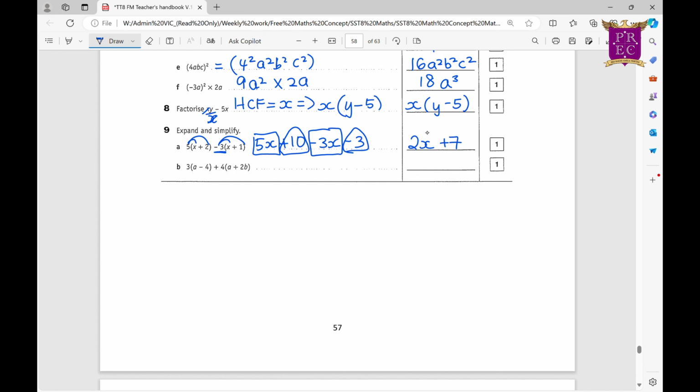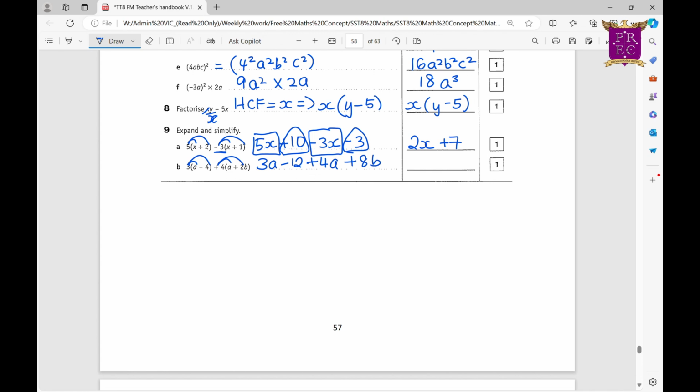Alright, and now we have b. So once again, you need to expand first and then group the like terms together. So 3 times a is 3a, 3 times -4 is -12, positive 4 times a is plus 4a, and 4 times 2b is positive 8b.